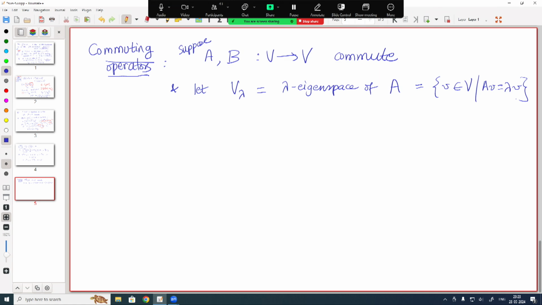Lambda is some complex number. Let us pick some eigenvalue. So, if I have an eigenspace of A, then B leaves that space invariant. This is a property of commuting operators.